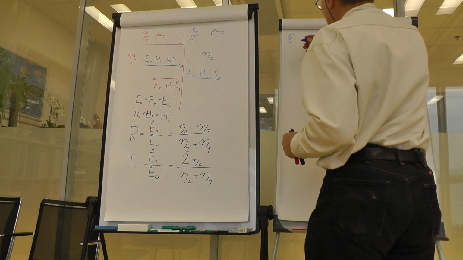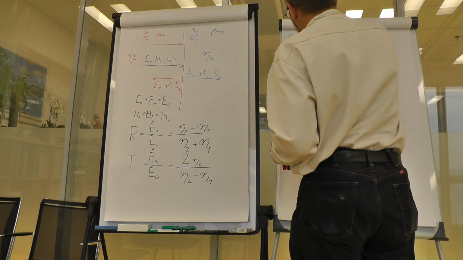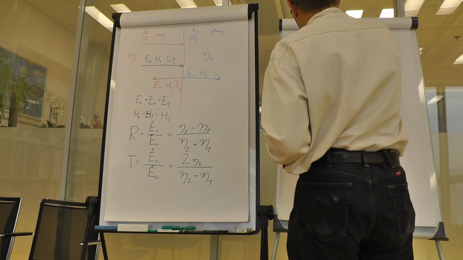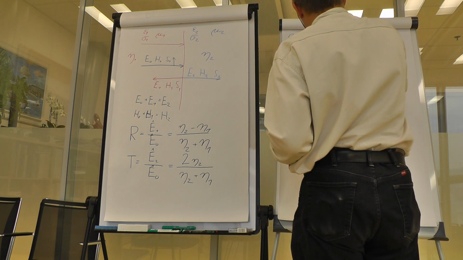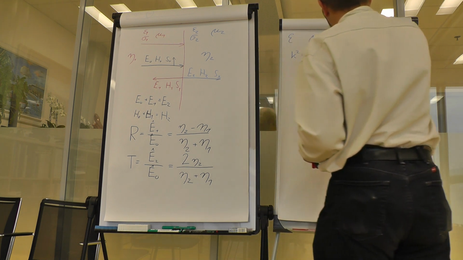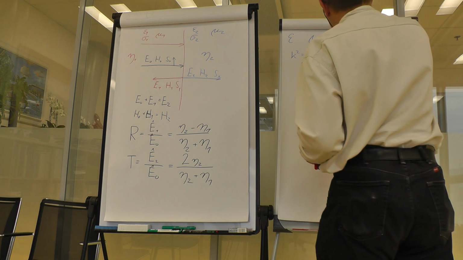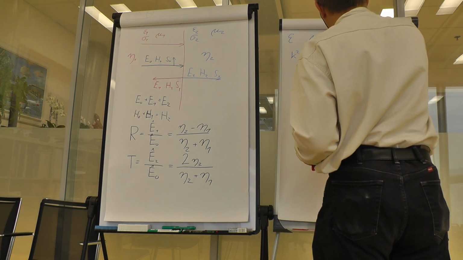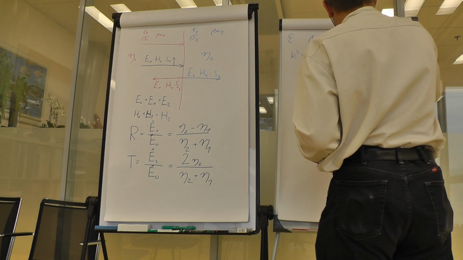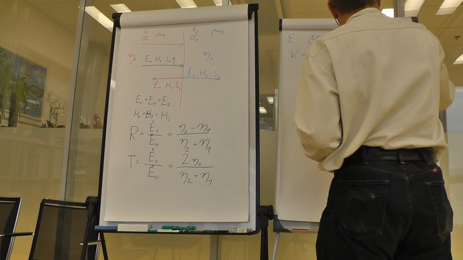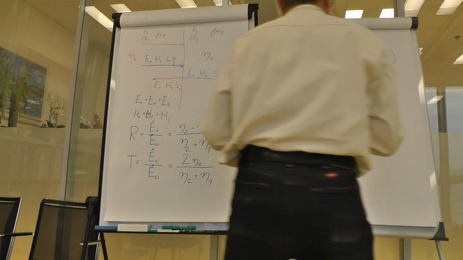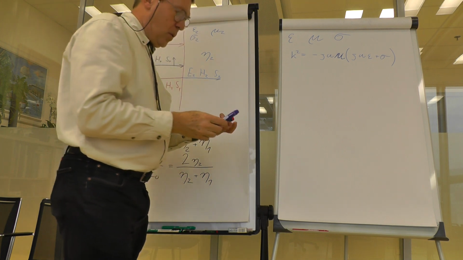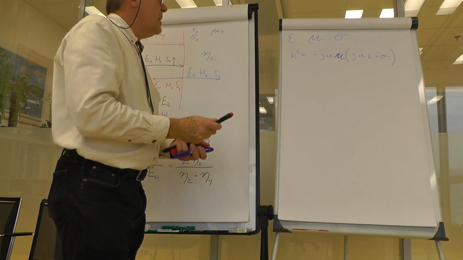Let's collect those equations. So k squared is given by minus j omega mu, j omega epsilon plus sigma. That's the first equation, which gives us the square of the wave number.